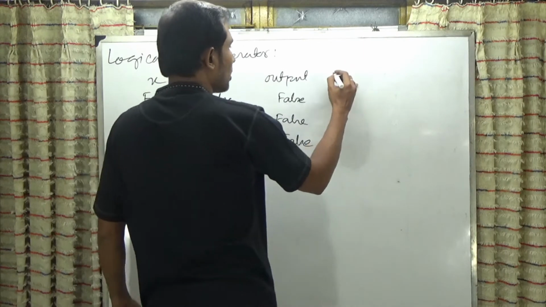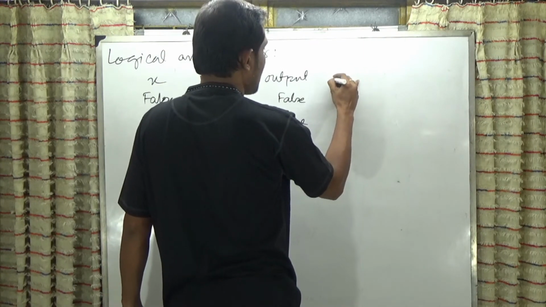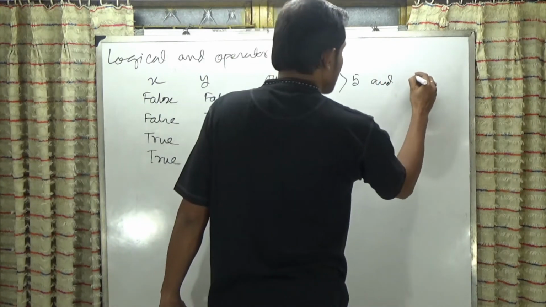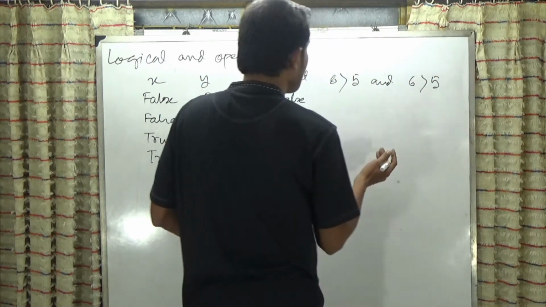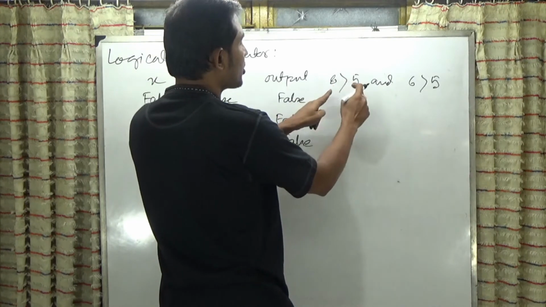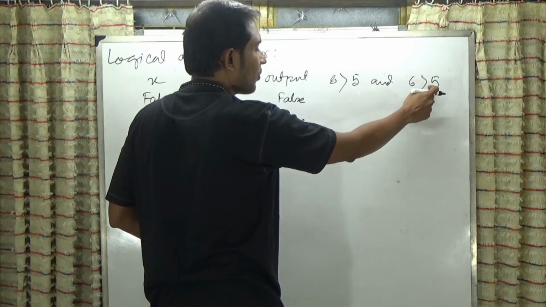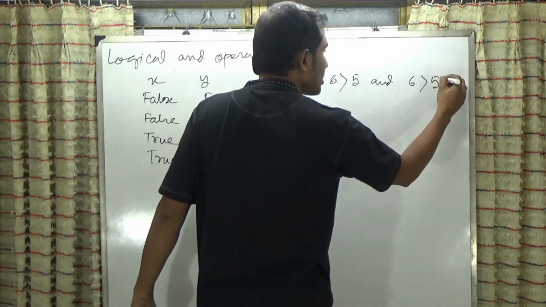Now if I compare 8 greater than 5 and 6 greater than 5, you can see 8 is greater than 5, it is true, and 6 is greater than 5, it is also true, so it returns true.